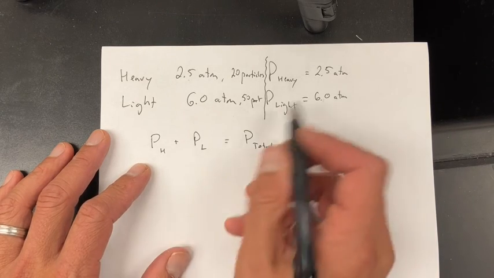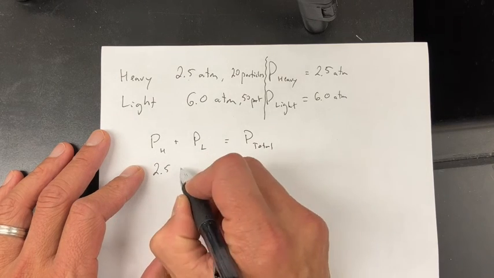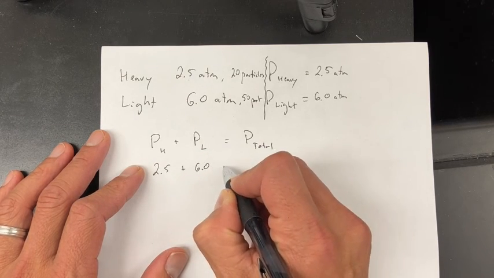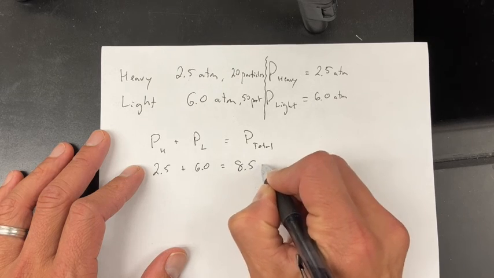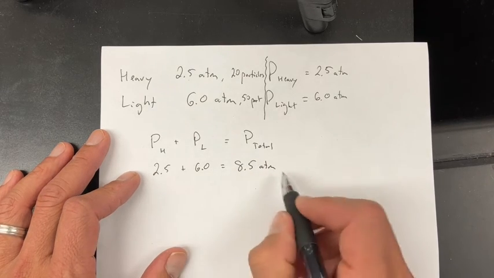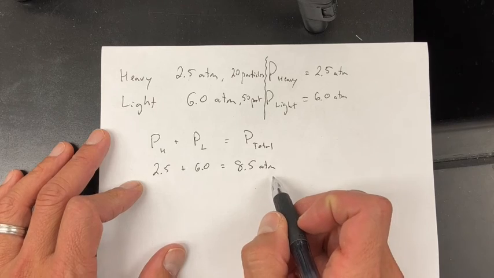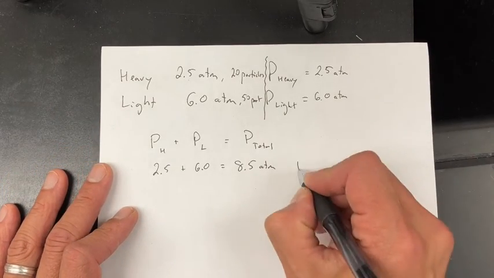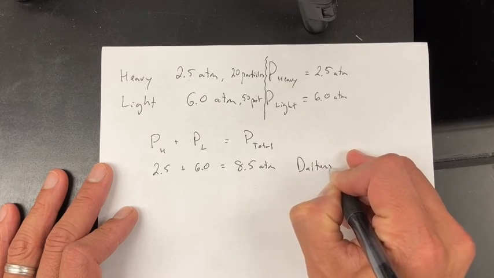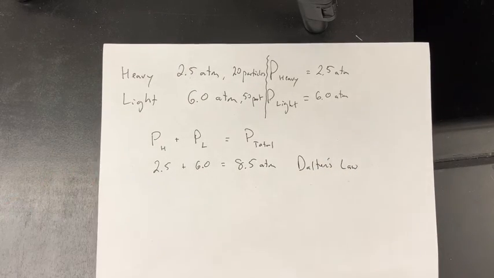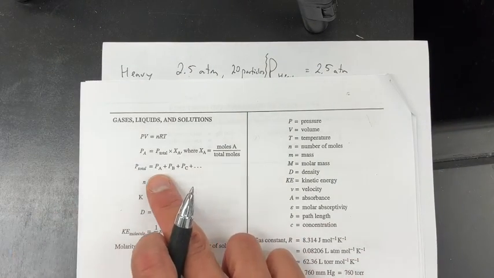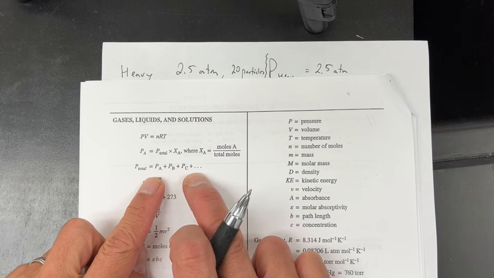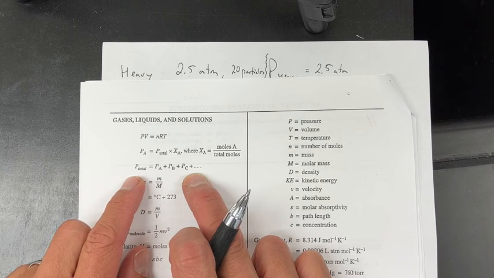In this case, 2.5 atmospheres plus 6 atmospheres gives me 8.5 atmospheres, and that's the total pressure of the container. Okay, so this is Dalton's law, and on your equation sheet, it says the sum of the partial pressures is going to equal the total pressure inside that container.